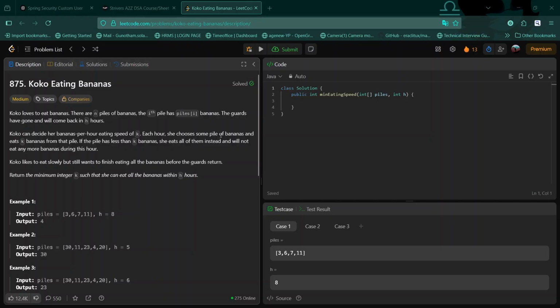Each hour she chooses some pile of bananas and eats k bananas from that pile. If the pile has fewer than k bananas, she eats all of them instead and will not eat any more bananas during this hour. Coco likes to eat slowly but still wants to finish eating all the bananas before the guards return. Return the minimum integer k such that she can eat all the bananas within h hours.